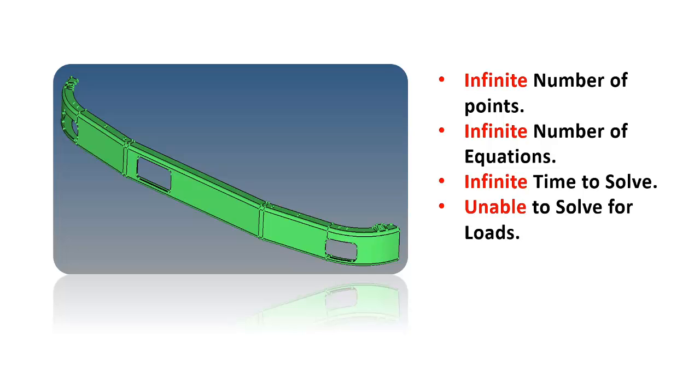And you have to put in an infinite number of equations for each of those nodes or points. Ultimately, we are not able to solve. But is that so? Is it hard to solve a single bumper? How is the world living without solving this bumper?